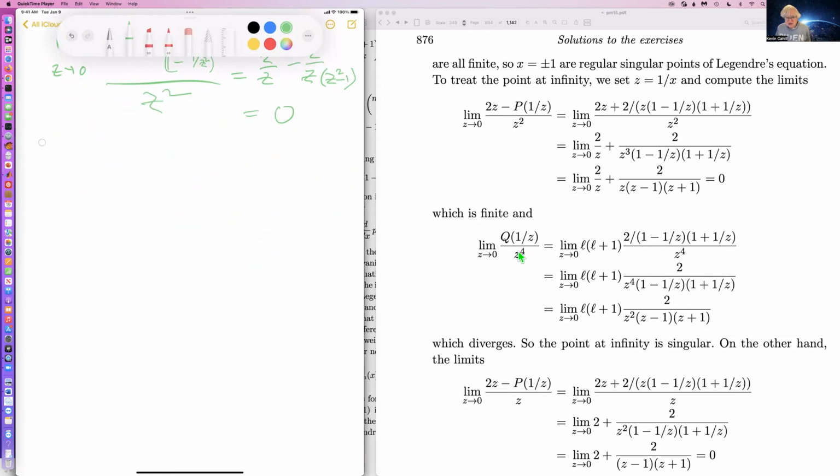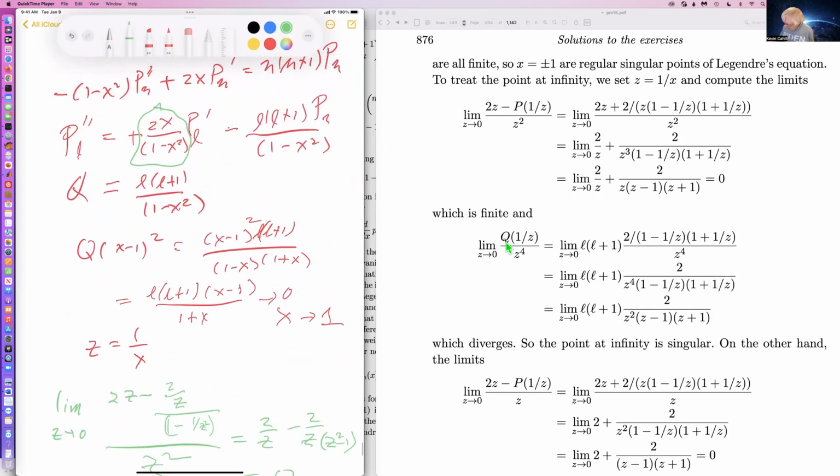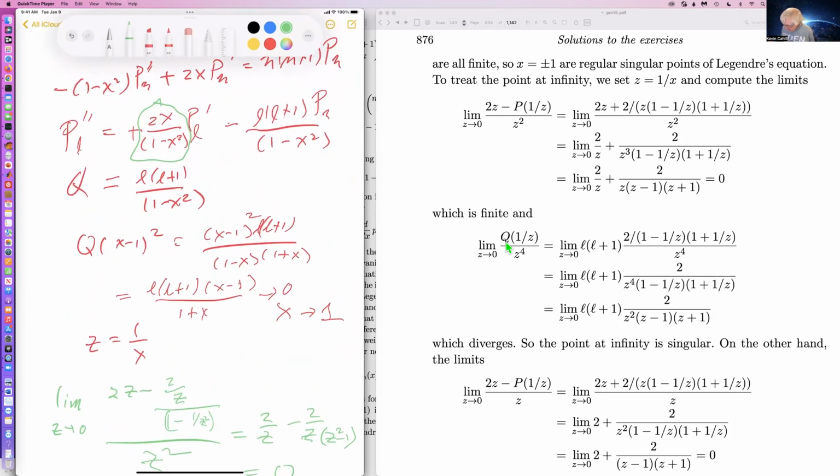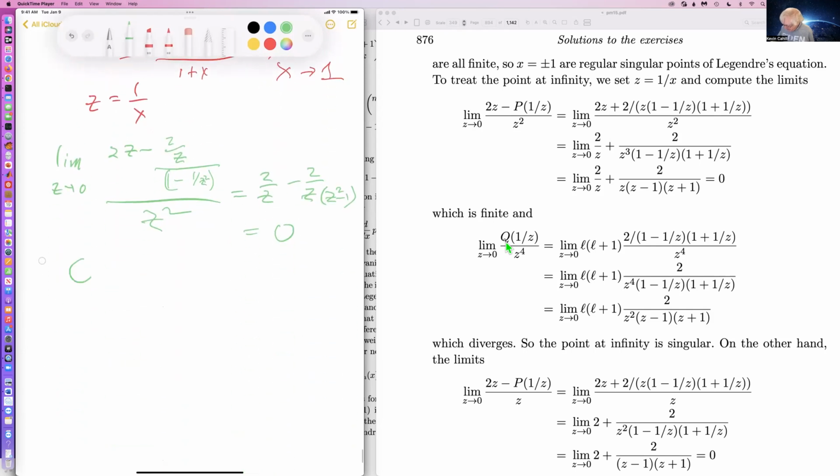And then you take the Q, and when you divide by z to the 4th, first of all, what is Q? Q is effectively 1 over (1 minus x squared). So that's 1 over (1 minus 1 over z) squared. And you then divide by z to the 4th. And that's this here.